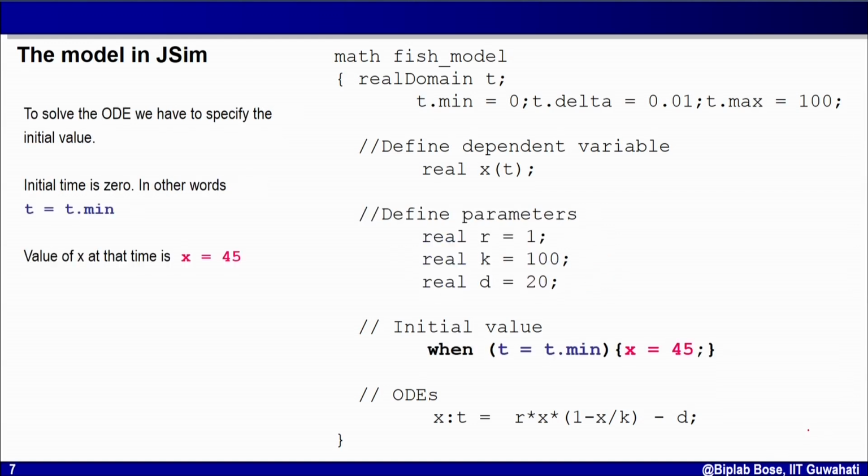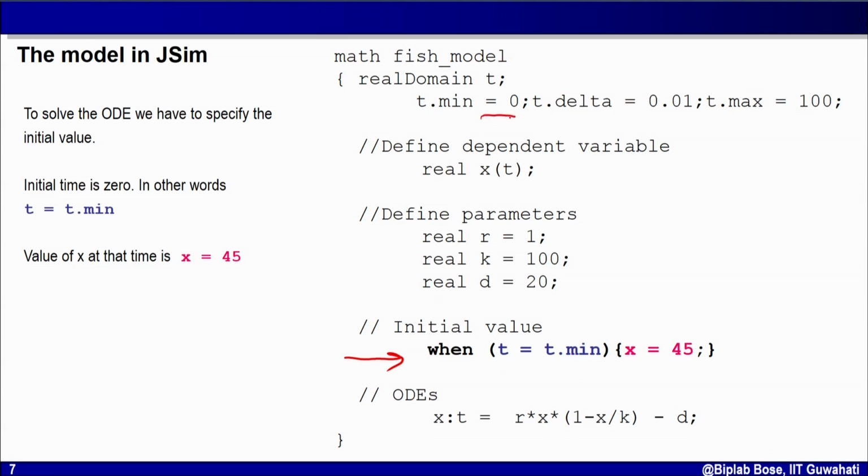Let's look into another part. If you remember, every ODE solver has to know the initial condition. That is, what is the value of the dependent variable at t equal to 0. How should I tell that information to JSim? That is what is shown here. It is written as when t equal to t min. What is the value of t min?